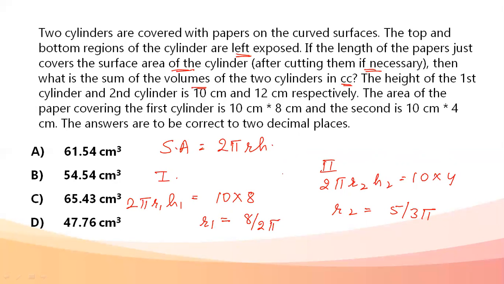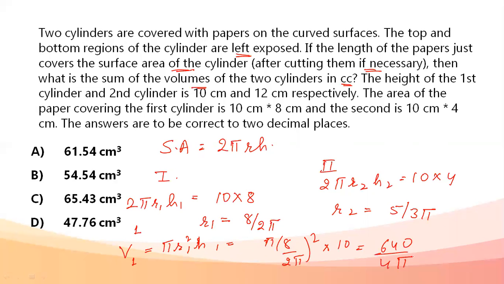Now, volume of the cylinder is pi r square h. For the first cylinder, volume is pi r1 square h1, that is pi into 8 upon 2 pi the whole square into 10, which becomes 640 upon 4 pi.